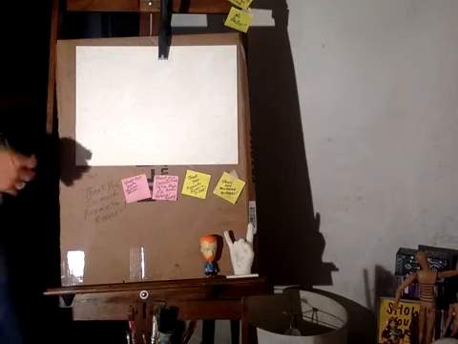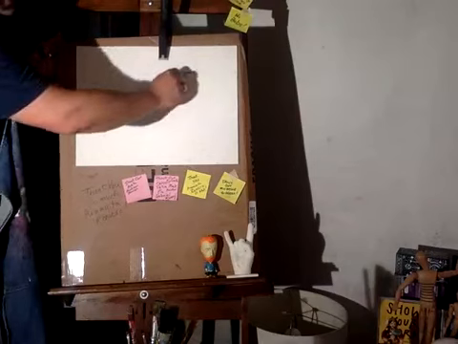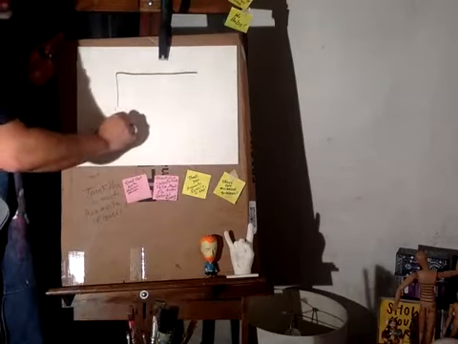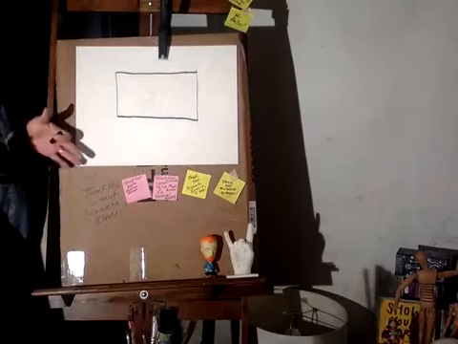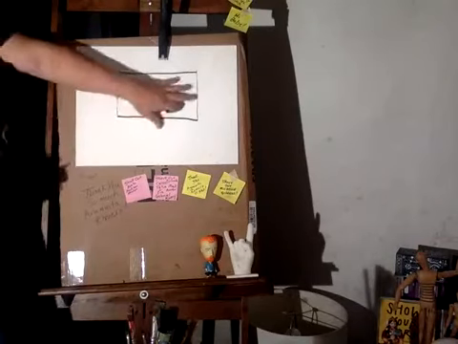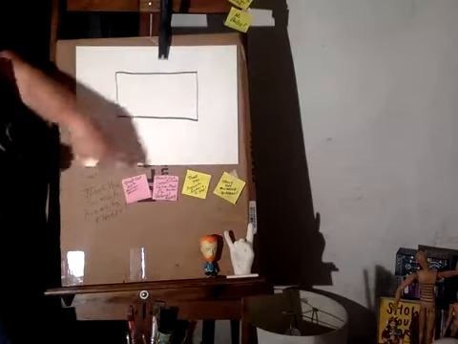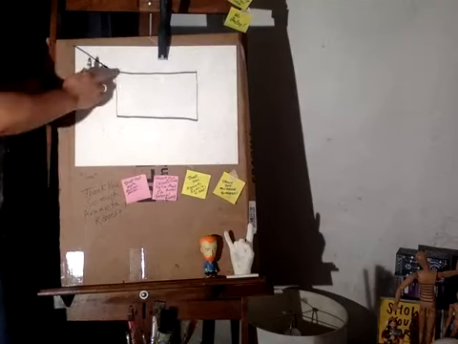So, all right, let's start off with our paper. What we're going to do is draw a rectangle in the center, just a smaller rectangle than the big piece of paper. This is going to be our back wall. This is the back wall of my setup here. And then we're going to connect these corners.